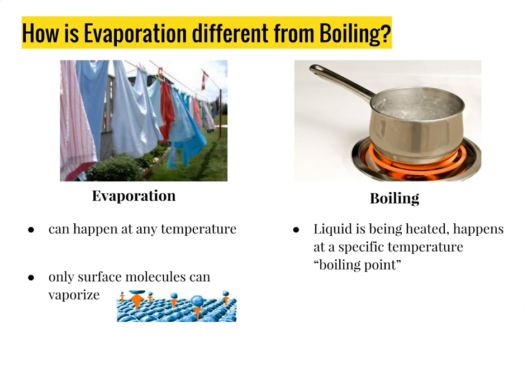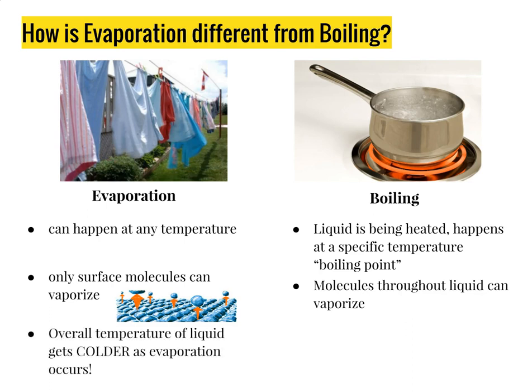In evaporation, only the surface molecules can vaporize. That's because, as we talked about, the molecules at the surface are the ones exposed to the wind, the sunshine, and the humidity of the air. For boiling, the molecules throughout the liquid vaporize, so it's not just the surface, it's throughout the whole system.